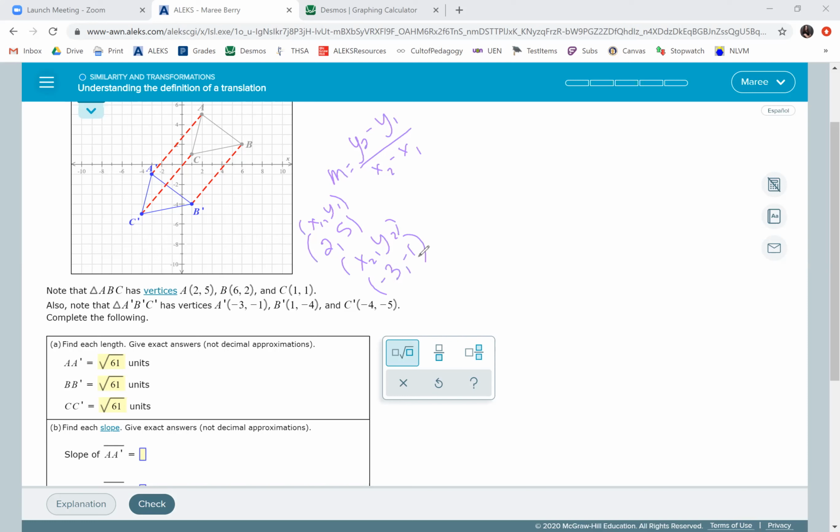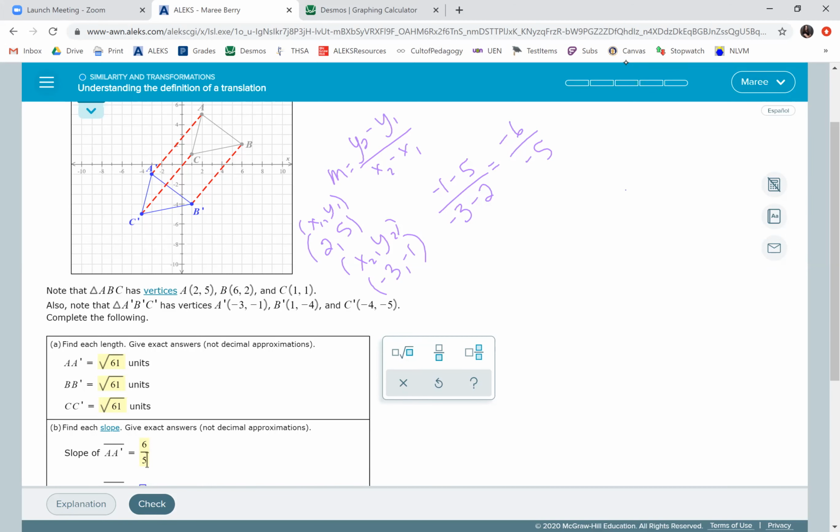So we take y sub 2, -1, minus y sub 1, which is 5, divided by x sub 2, -3, minus x sub 1, which is 2. 1 minus 5 is -6, -3 minus 2 is -5, so that's a positive 6/5.